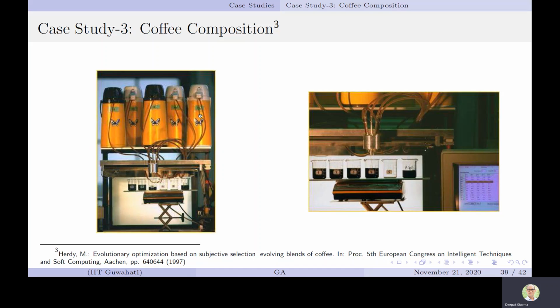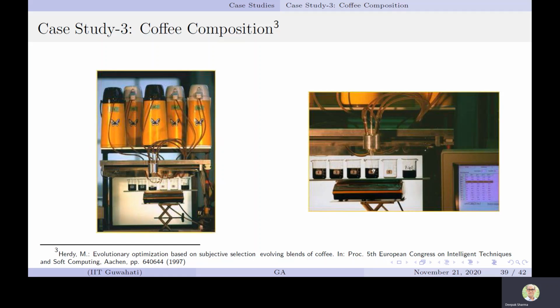In these jars you have different coffees from different places, for example from Africa, India, or Sri Lanka. These pipes are coming here, and different compositions or combinations of these coffees are mixed in the jars. As you can see, there are multiple jars here.